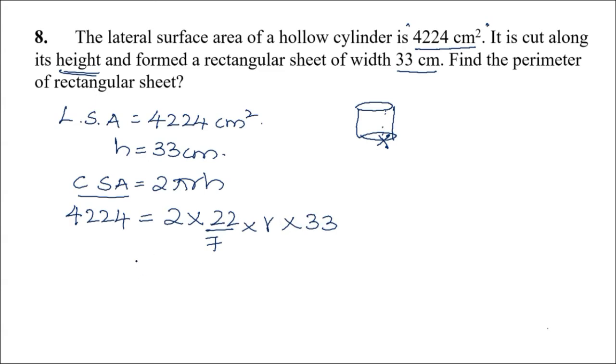Now we can find out the radius. Radius will be equal to 4224 into 7 divided by 44 into 33.